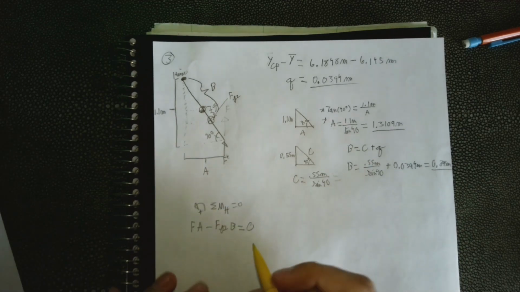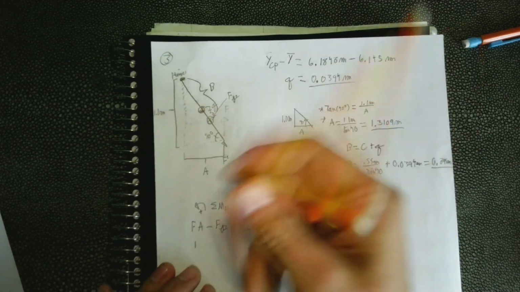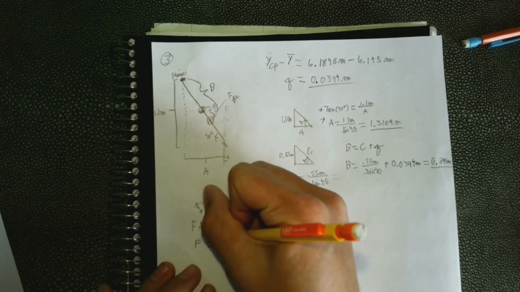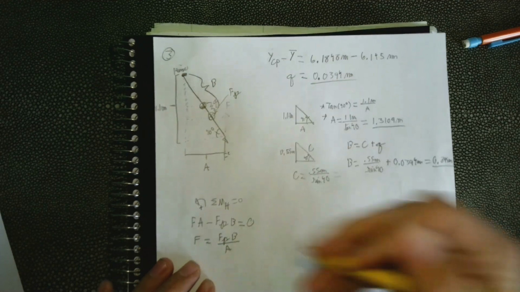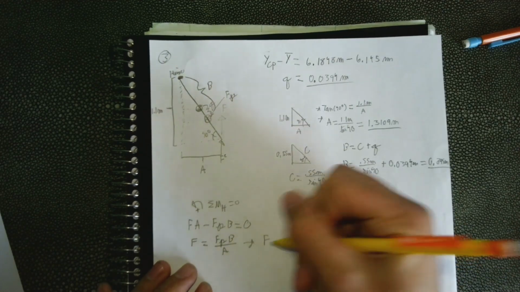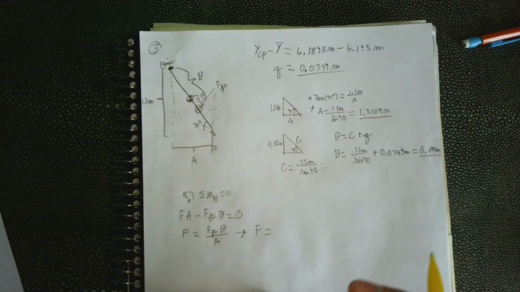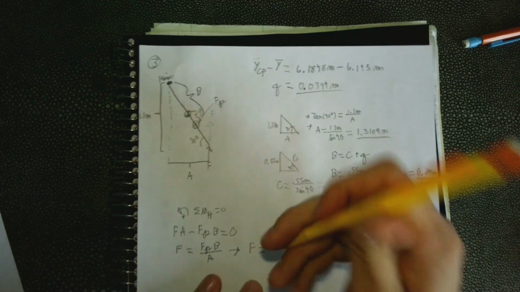Okay, so rearrange this, we're trying to find F, right? So we get F equals pressure force times B over A. We'll go ahead and fill these in because we know everything. What did we say the pressure force was? We said it was 53.05 kilonewtons.